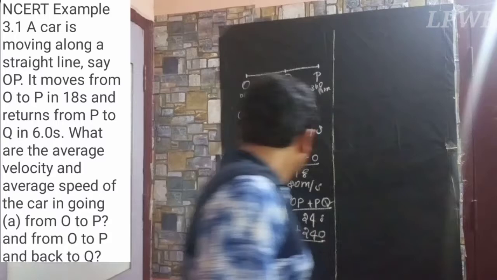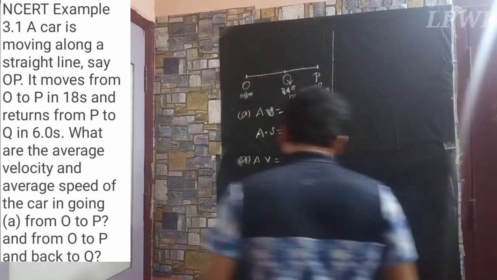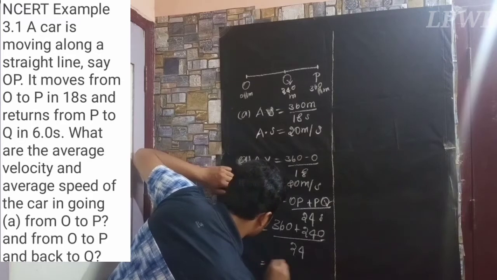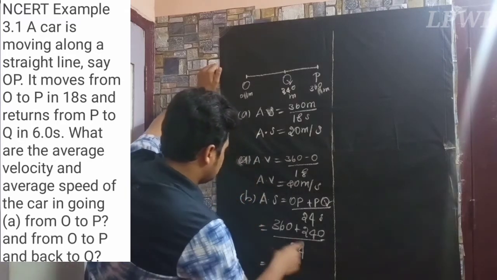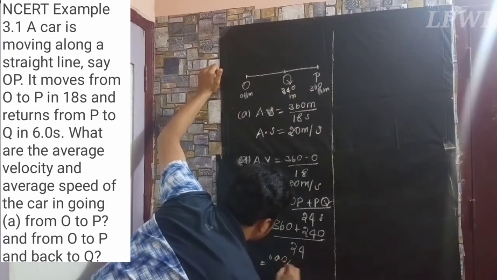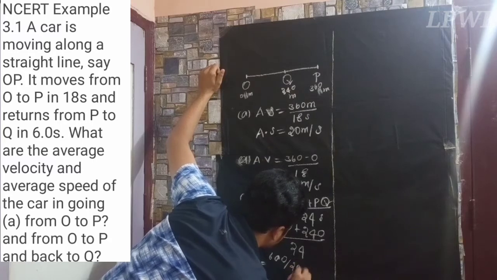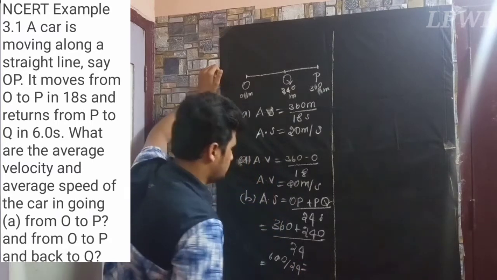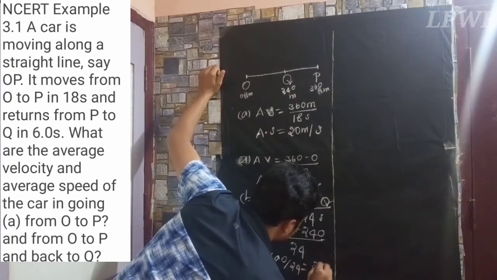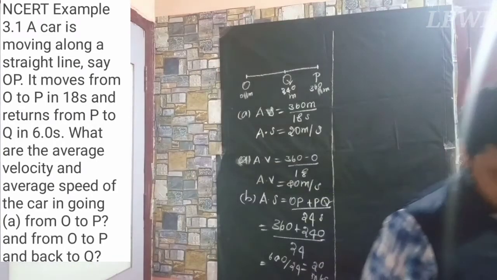So 600 by 24. Answer will be 25 meter per second.